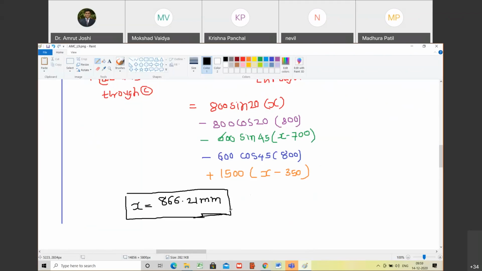Mokshat, are you able to solve? I don't have a scientific calculator. I am solving independently on a normal calculator. Okay, go ahead. Someone, anyone else? Muskan, were you able to solve?